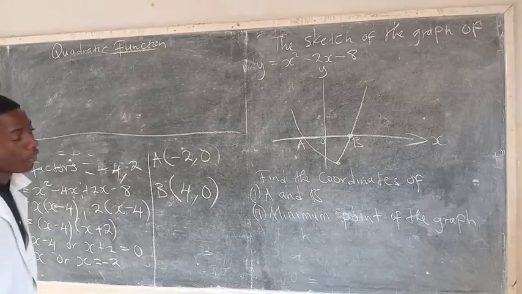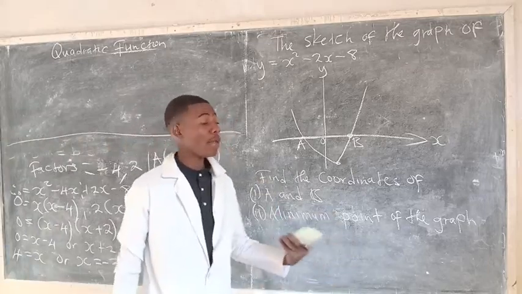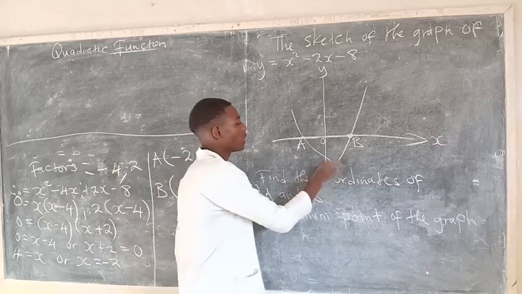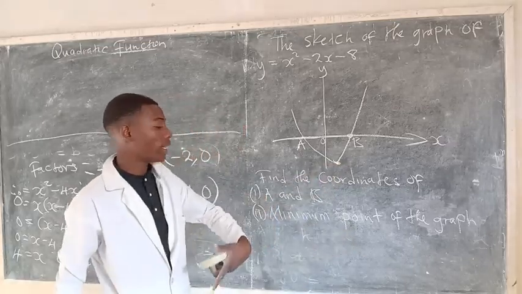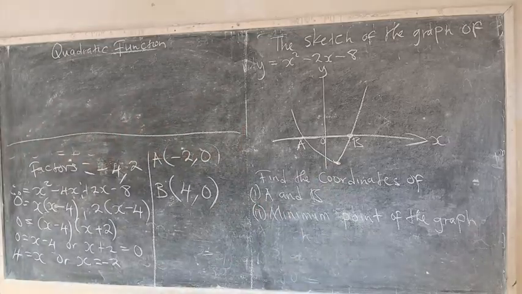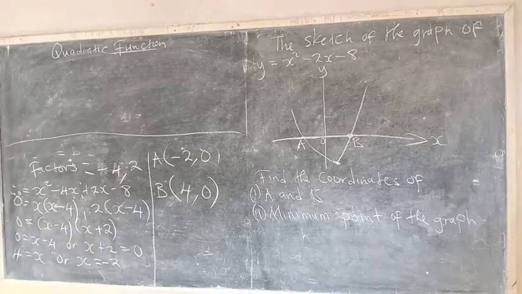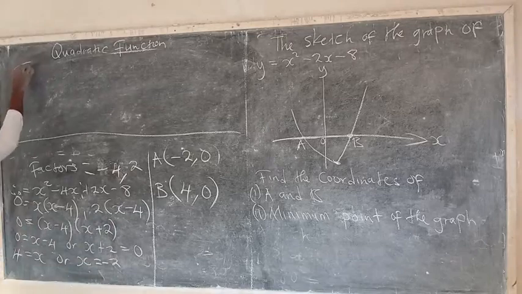The maximum value is the y value as well. The minimum point or maximum point is still the y value. If we are asked for the turning point, they could require the x coordinate. Now in such a case, we only need to find the y value.